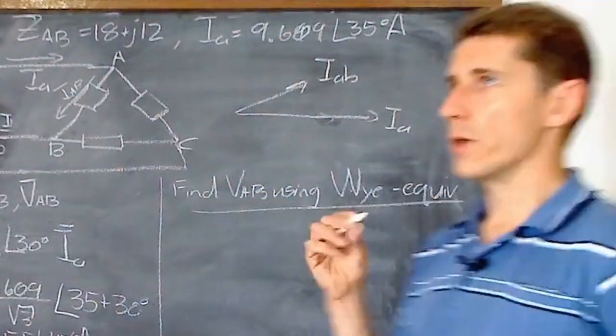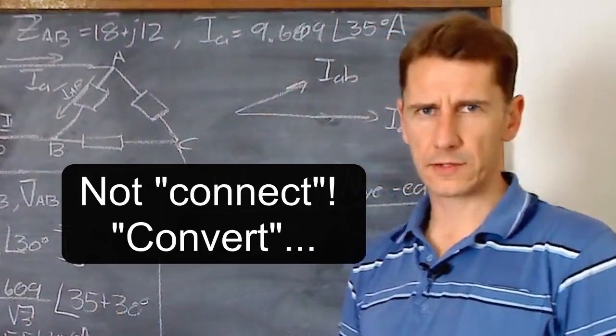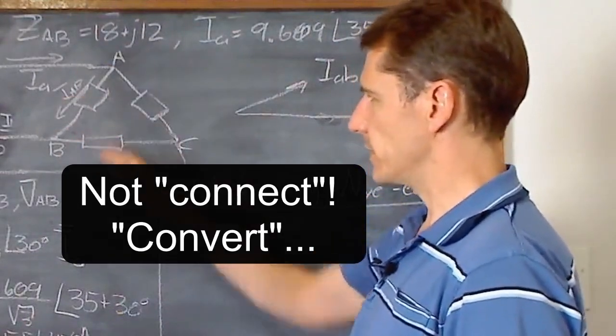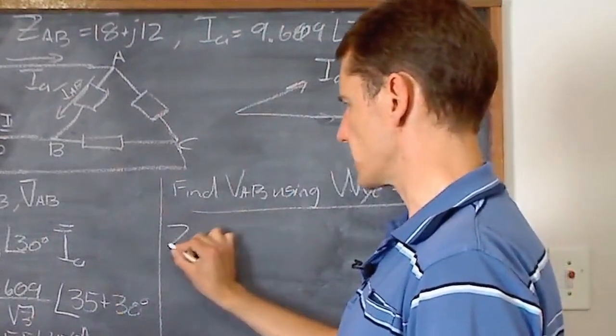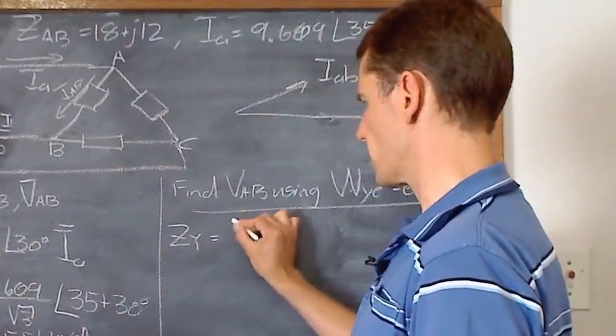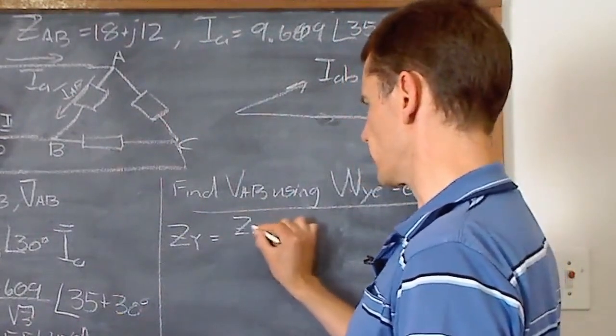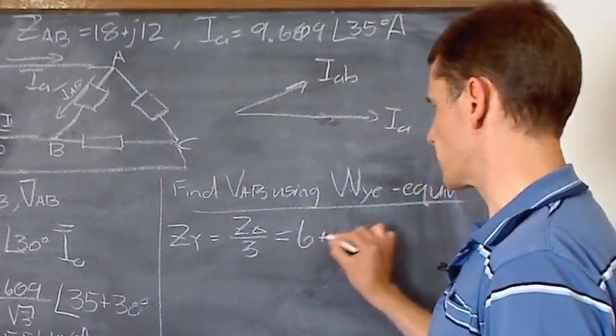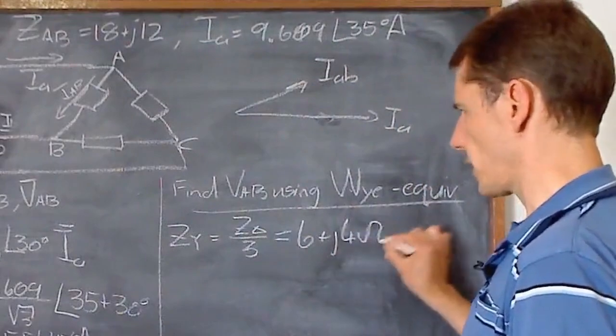We need to convert the delta impedance into a Y equivalent impedance. So ZY is going to be my Z delta divided by 3, and that then gives me 6 plus J4 ohms.